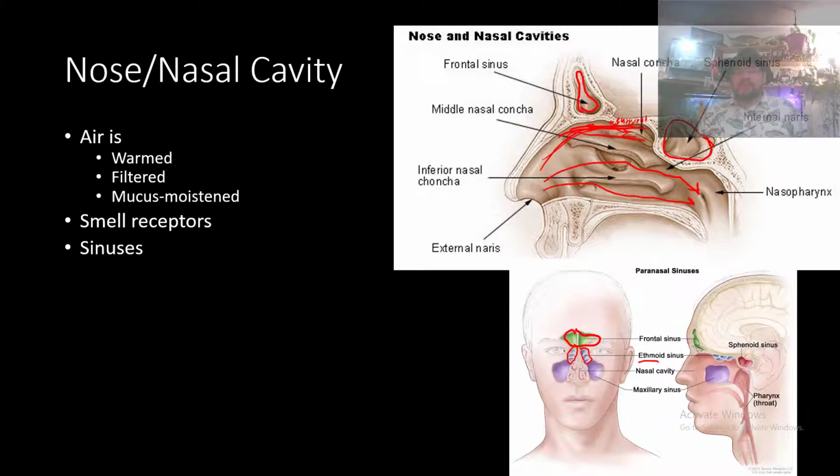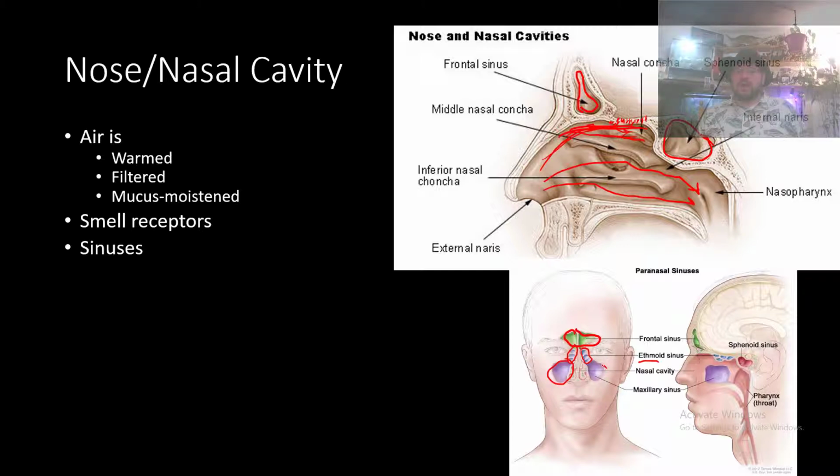Anyway, the ethmoid sinuses are paired in along there. These are the ones you're always feeling when you're putting pressure to try and reach your ethmoid sinuses. They're further in, though. And then lastly, we have the maxillary sinuses, a little pair of sinuses right along there.